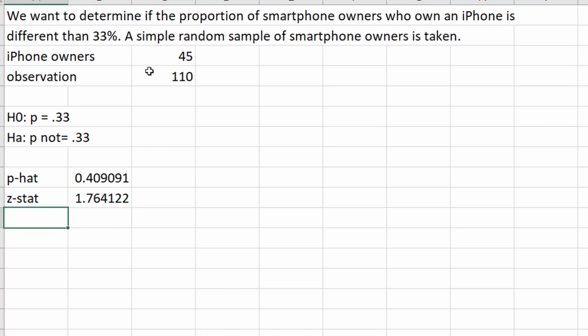To calculate the p-value, note this is a two-tailed test because my alternative hypothesis is that the proportion is just not equal to 0.33.